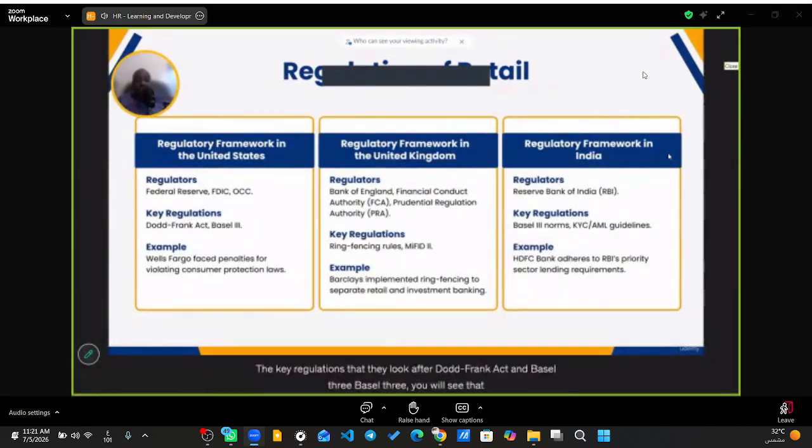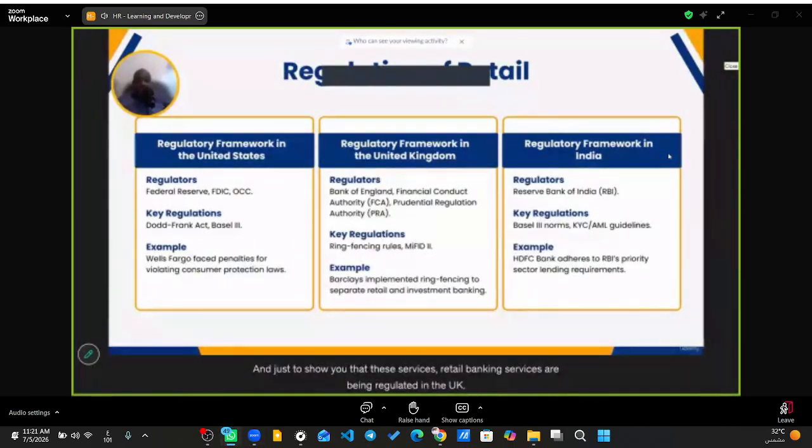The key regulations that they look after: Dodd-Frank Act and Basel III. Basel III, you will see, transmits as a global agreement that all the banks in all the countries have agreed to execute. An example is Wells Fargo faced penalties for violating customer protection laws some years ago, just to show you that these retail banking services are being regulated.